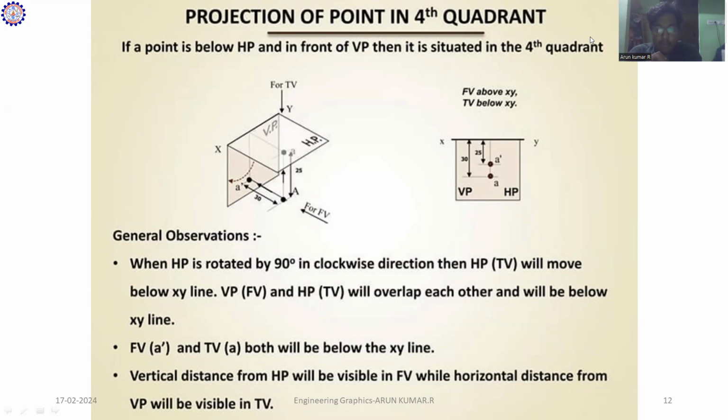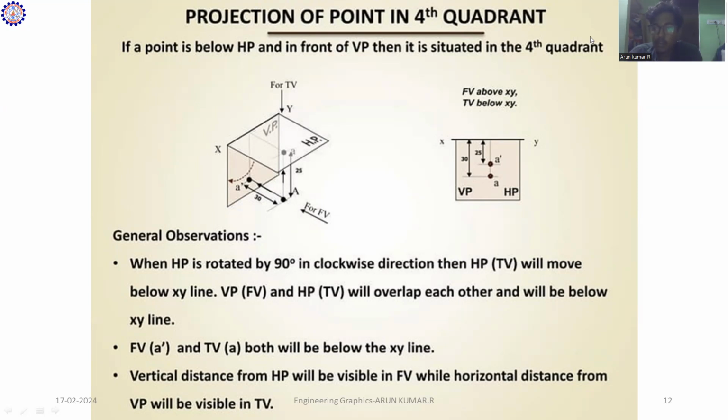That overlapping figure is represented on the right side of the PPT. From the right side orthographic view, it clearly indicates that a dash is below the XY line. Based on the dimensions, we draw a dash and a. In our problem, 25 is below HP and 30 is in front of VP. So the 25 below HP is represented as a dash.